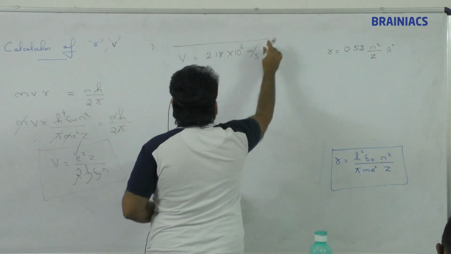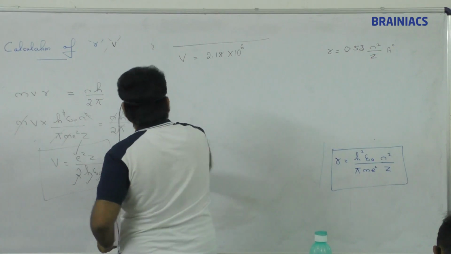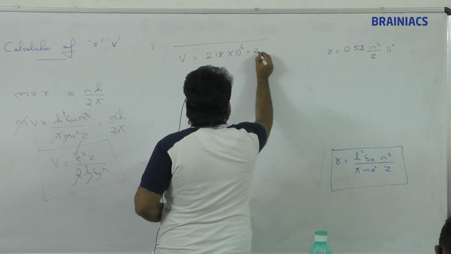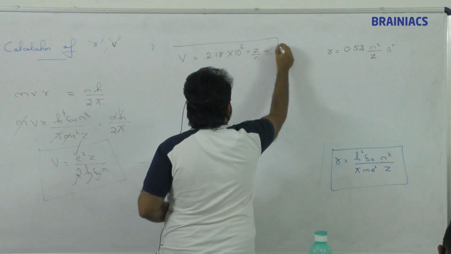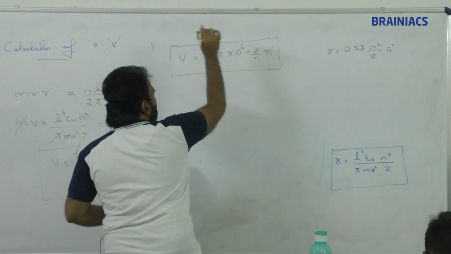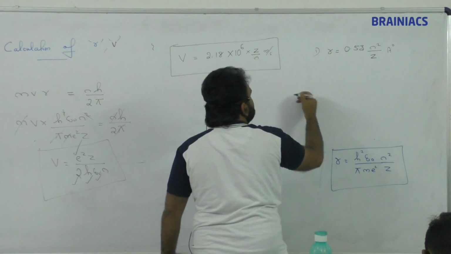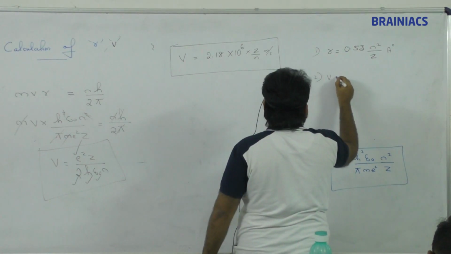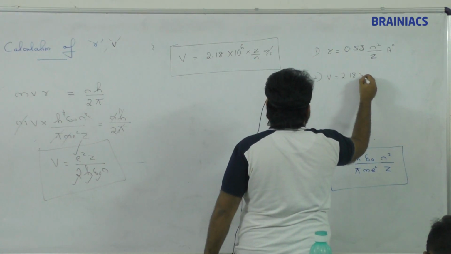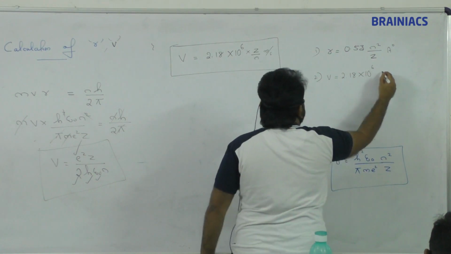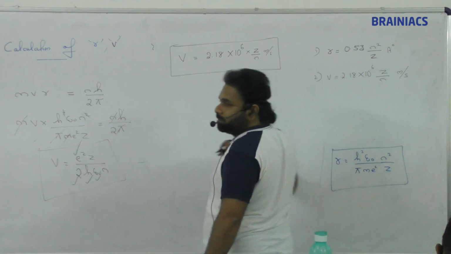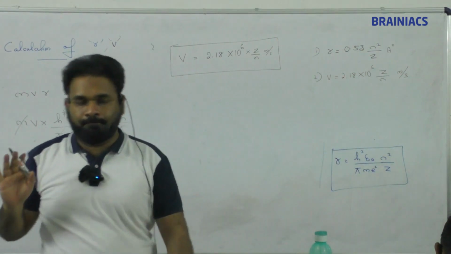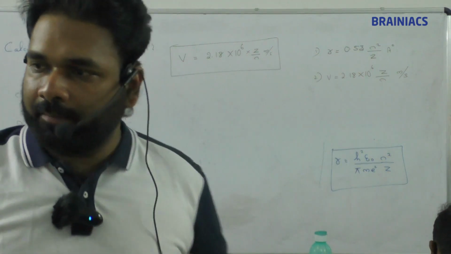So this is the velocity. Number 1 is this one. Number 2, which you need to remember, is 2.18 into 10 raised to 6 z by n meter per second. Clear? Velocity is done.